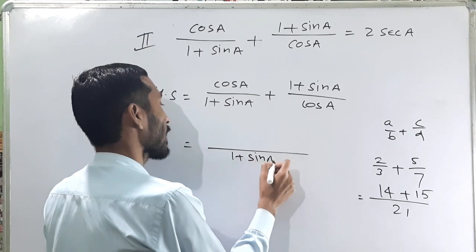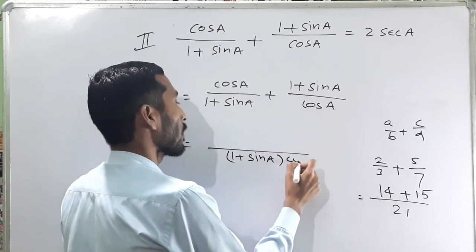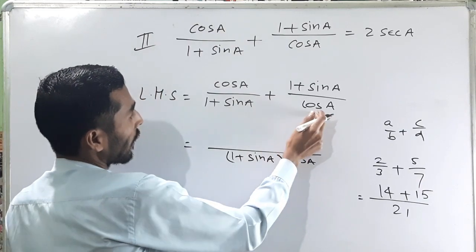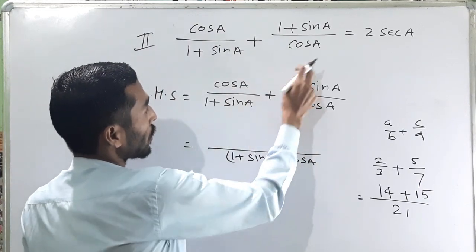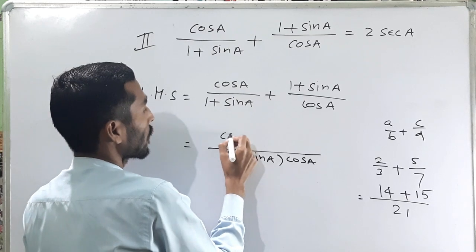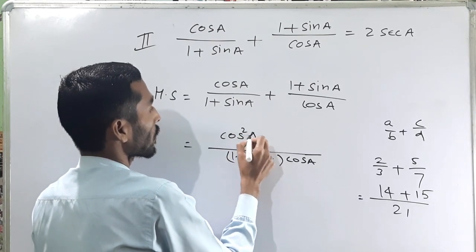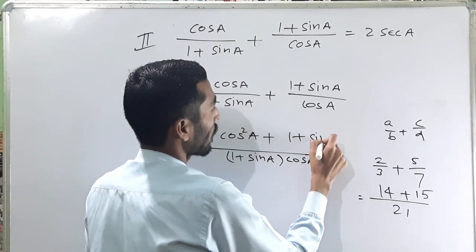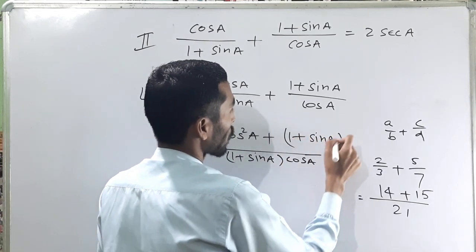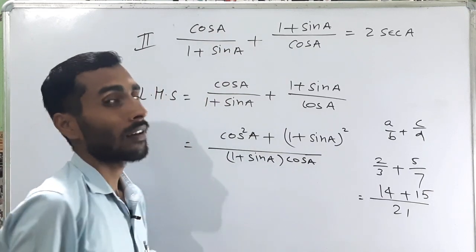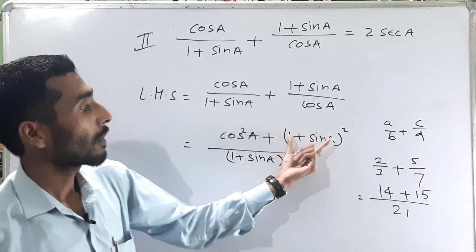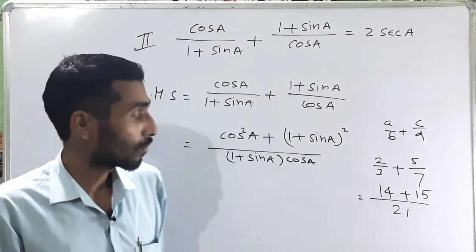1 plus sin A into cos A, and the product of this one to this one, this one to this one: cos A into cos A, cos square A, and 1 plus sin A into 1 plus sin A, square of 1 plus sin A, like x into x equals x square, 1 plus sin to the power 2.